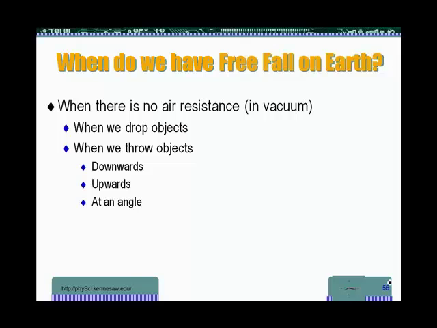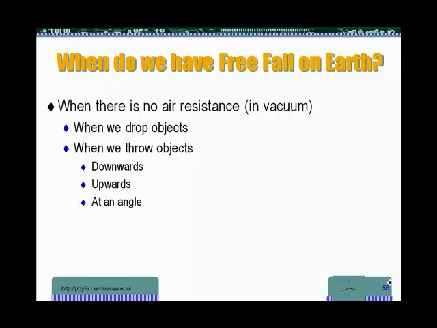However, if we drop a feather, it's a different story. Air resistance is going to play a major role, and it's not in free fall. In other words, in most cases, the effects of air resistance in the falls of objects can be ignored, and we can say we have an approximate free fall, or we have free fall.